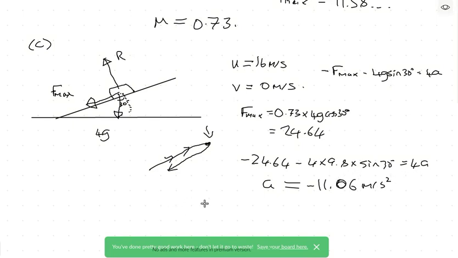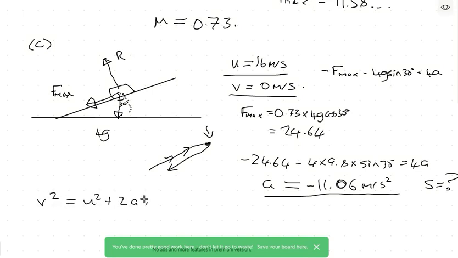And now it's a SUVAT problem. I've got U, I've got V, I've got A, and I'm looking for S. Well, that's V squared equals U squared plus 2AS. And so 0 equals 16 squared, 256, minus 2 times 11.06 times S. And that gives me an S value of 256 divided by 2 times 11.06.